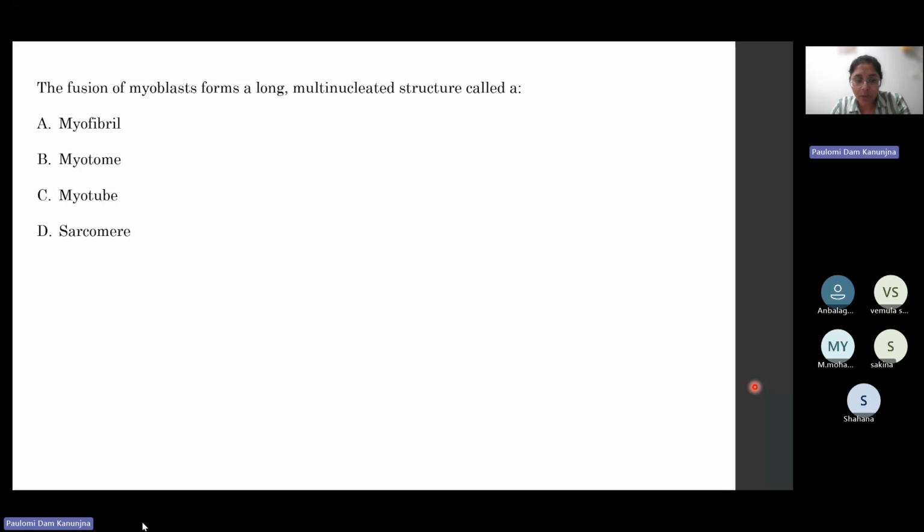Basically, what the question is asking is, after your myoblasts fuse together, what do you have? What is the structure called?